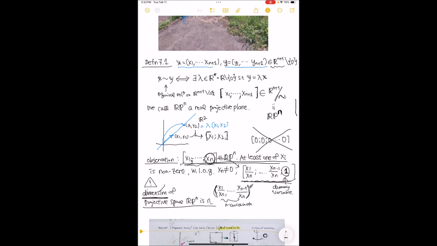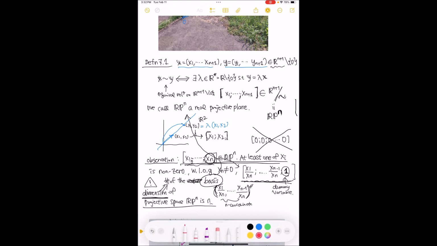What is dimension? In linear algebra, dimension is the number of basis elements of a vector space. And to define a basis, the space must be a vector space.